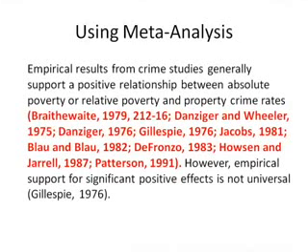Here's the statement. Empirical results from crime studies generally support a positive relationship between absolute poverty or relative poverty and property crime rates. Now, what this author has done in this article is that all of the sources he has cited have empirical studies.